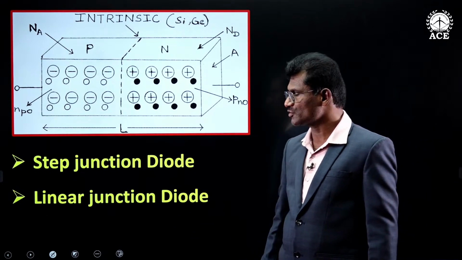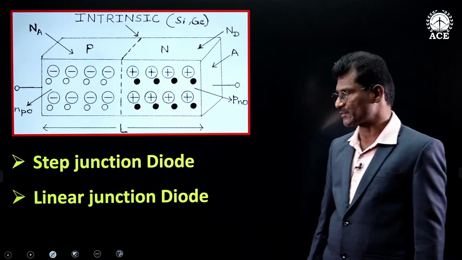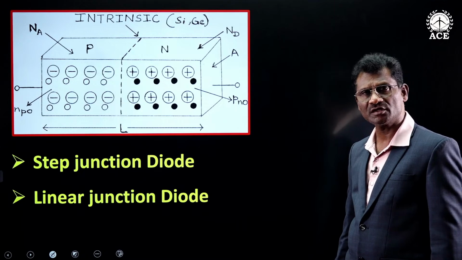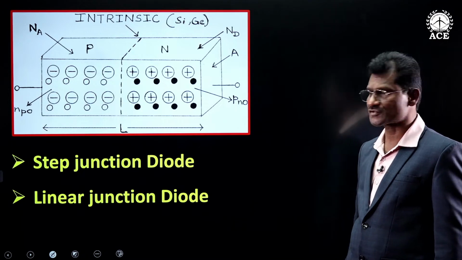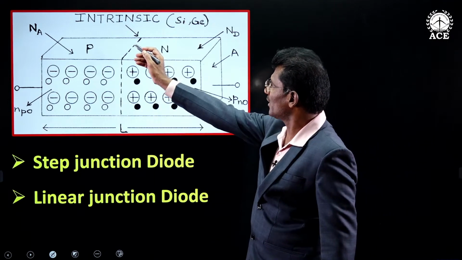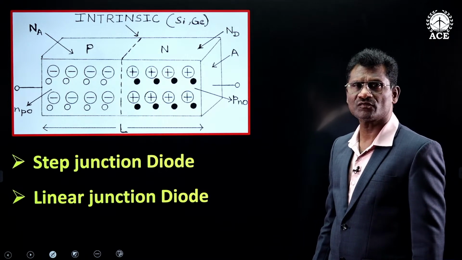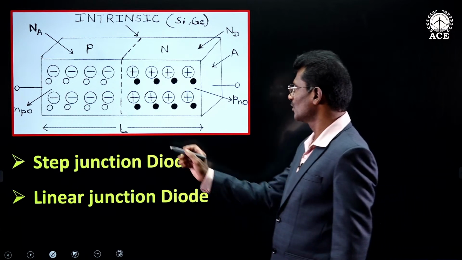Now, coming to the construction, there are 2 types, namely step junction diode and linear junction diode. Let us see the difference. As I said earlier, this central dotted line is an imaginary line drawn for explanation purpose.